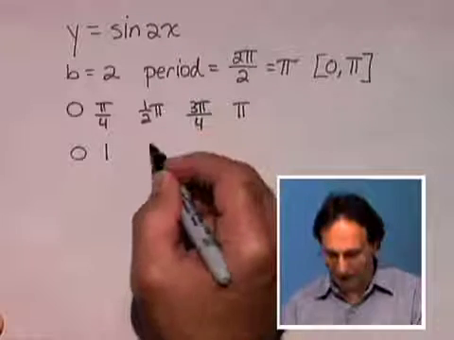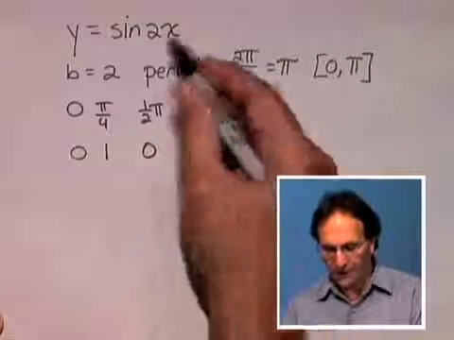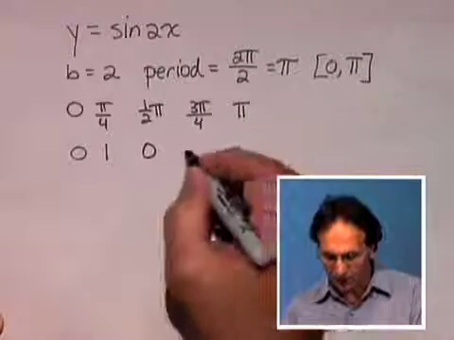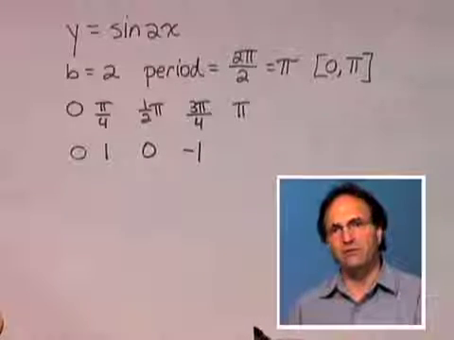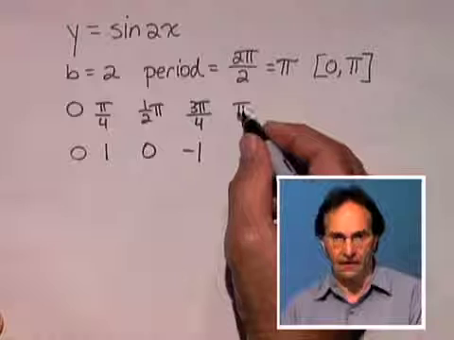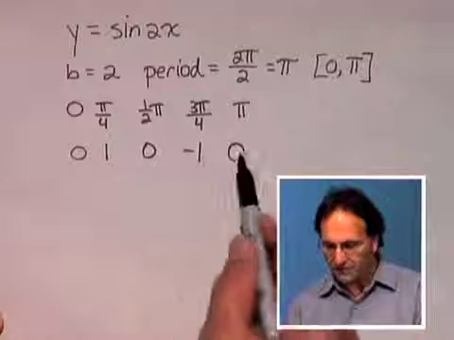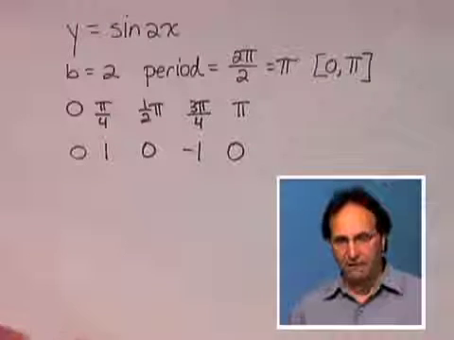The sine of pi is 0. 3 pi over 4 times 2 would give us 3 pi over 2. The sine of 3 pi over 2 is negative 1. And now the sine of 2 times pi, so sine of 2 pi, is 0. So those are the key points that we'll put onto the graph in order to sketch this.